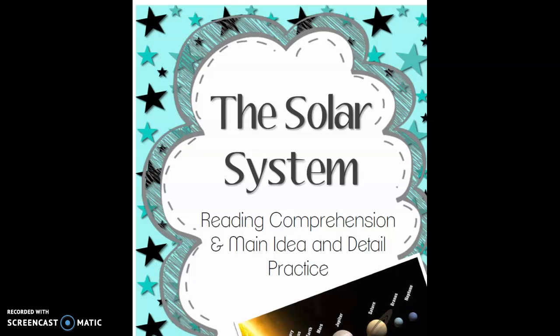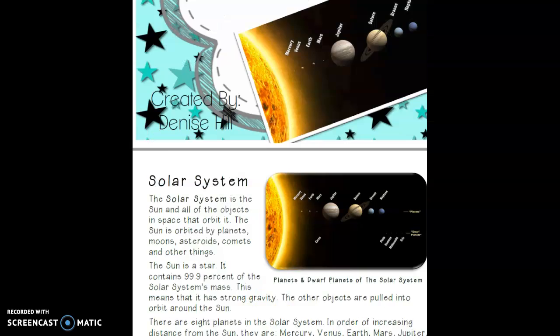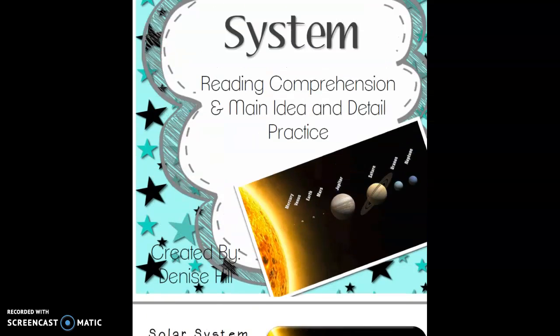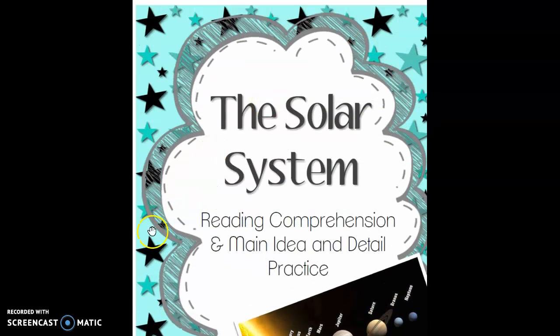I will have some different little excerpts for you to read, and then you will find the main idea and some details to go with it. You will find that in Google Classroom. If you have any questions, you can email me or you can send me a message in Hangouts, and I would be more than happy to help you out with any questions you might have about this.